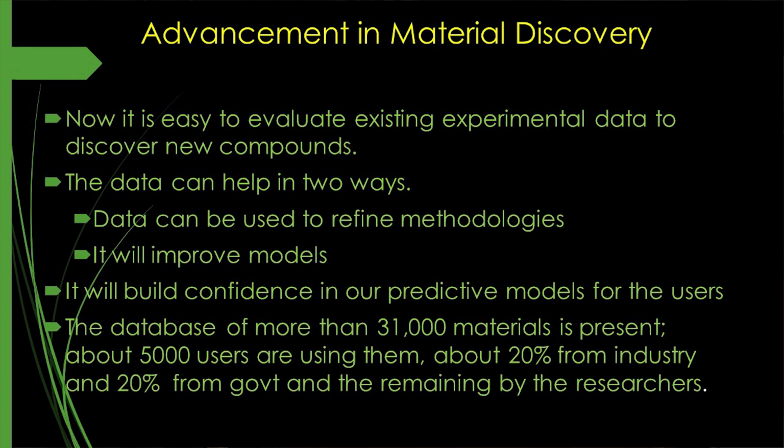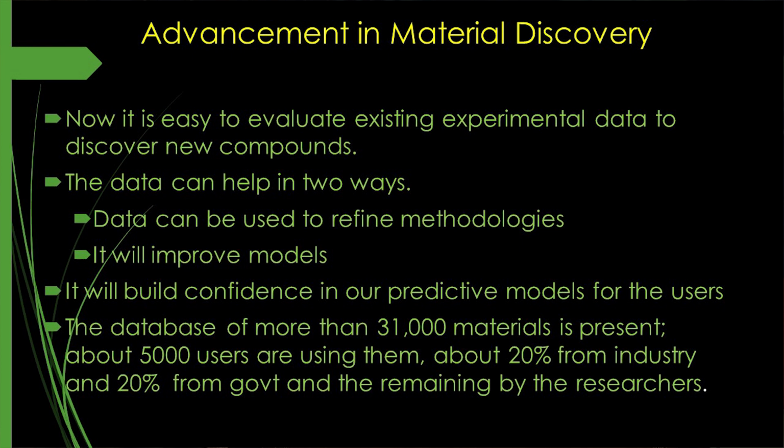Advances in material discovery: now it is easy to evaluate existing experimental data to discover new compounds. The data can help in two ways. Data can be used to refine methods. It will improve models and build confidence in predictive models for the users.